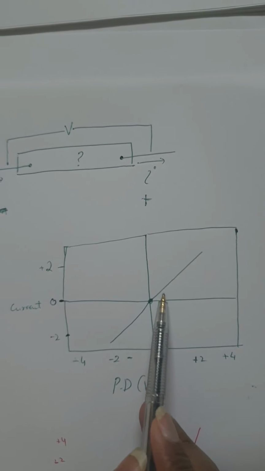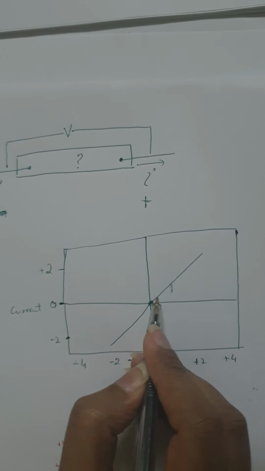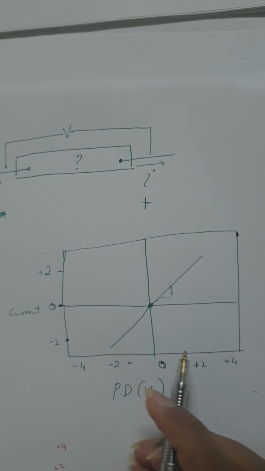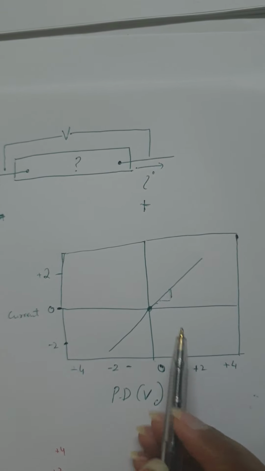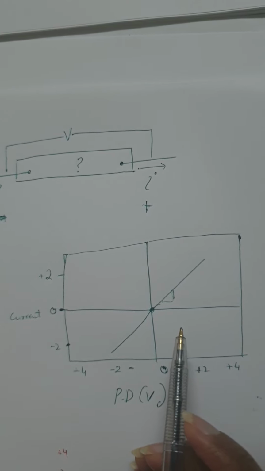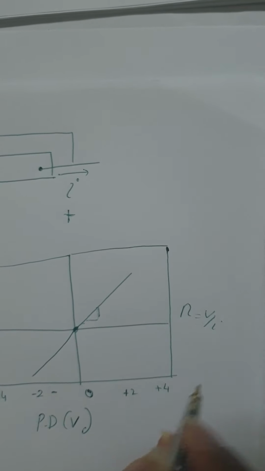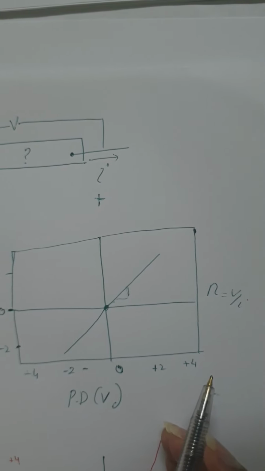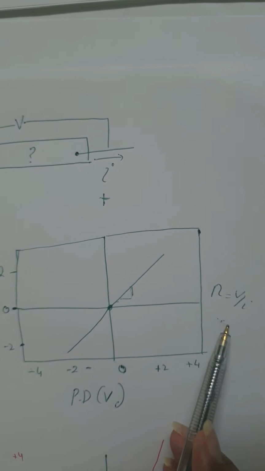So the ratio I over V, which is the slope of the straight line, would be the same for all values of V. This means that the resistance R, equal to V over I, of the device is independent of the magnitude and polarity of the applied potential difference.